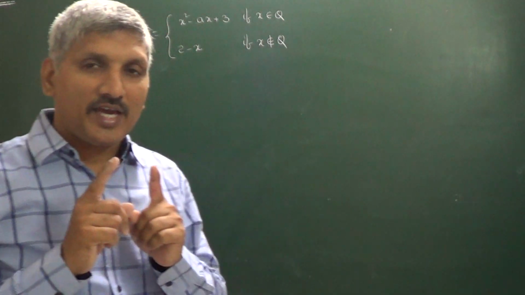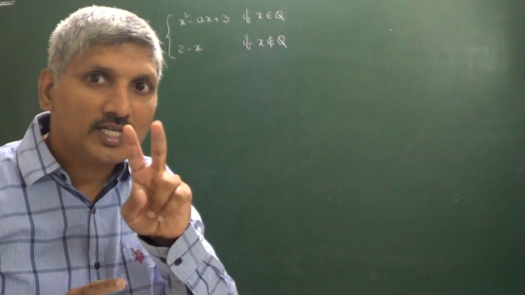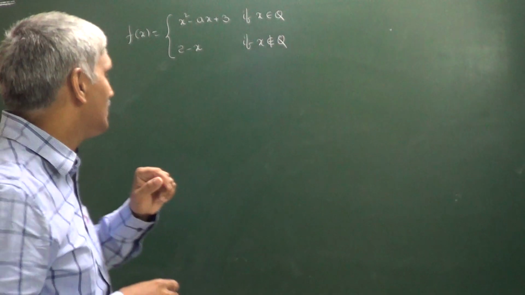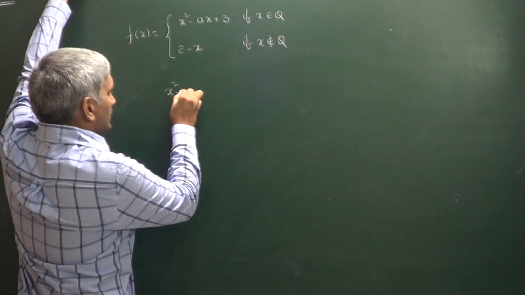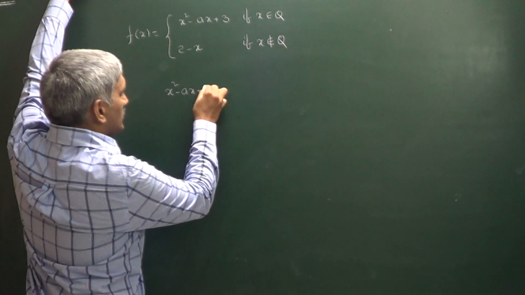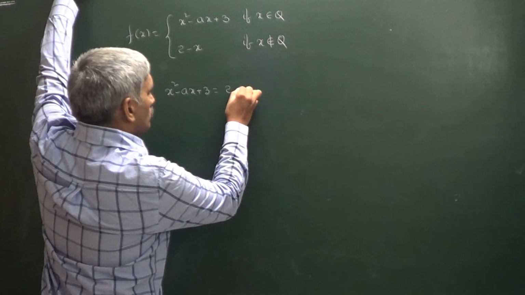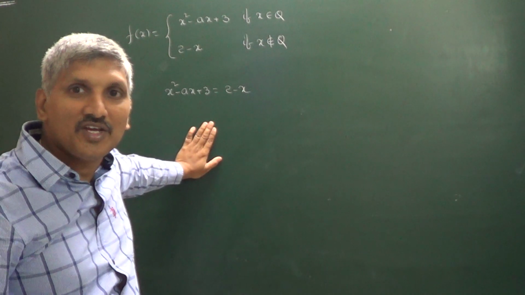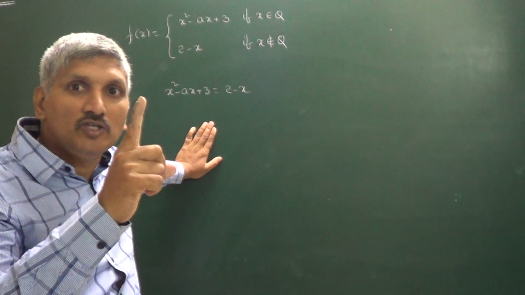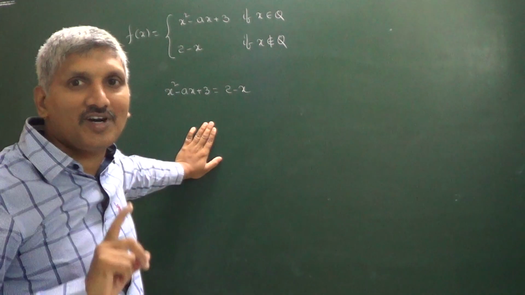Observe here, f is continuous exactly at 2 points. That means equate these two: x square minus ax plus 3 is equal to 2 minus x. How many x values do we have to get? If we got only one x value, at that point only the function is continuous.